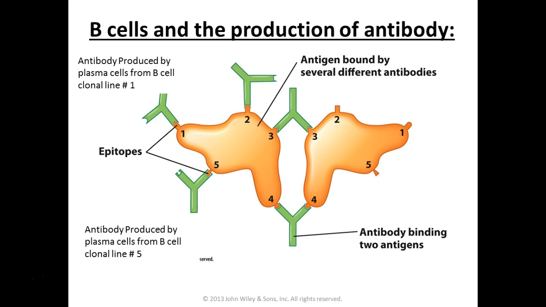But 5 different ones in this example were activated. So typically, especially with a complex antigen like a virus or a bacteria, you're not going to produce just one type of antibody to one epitope. You're going to produce multiple antibodies to multiple different epitopes on that whole antigen.